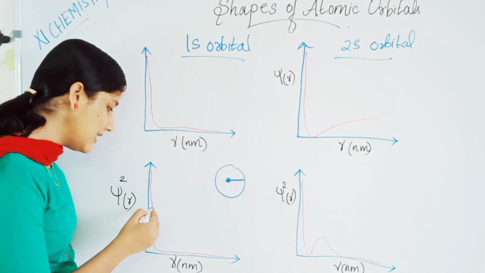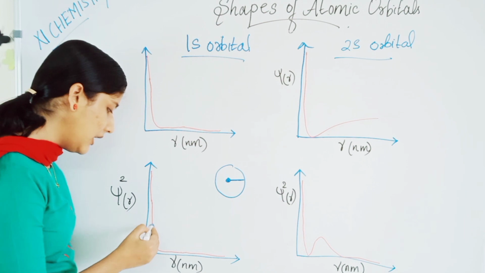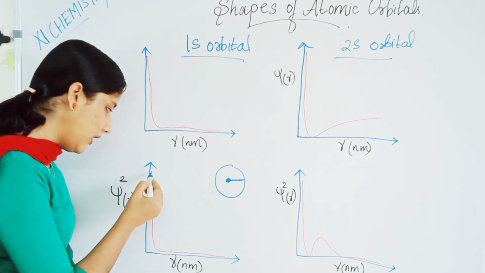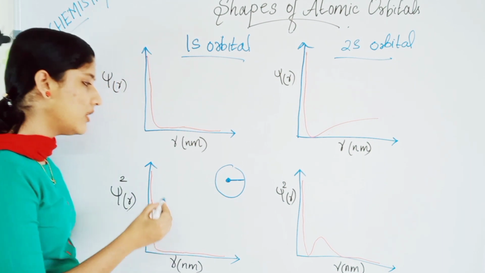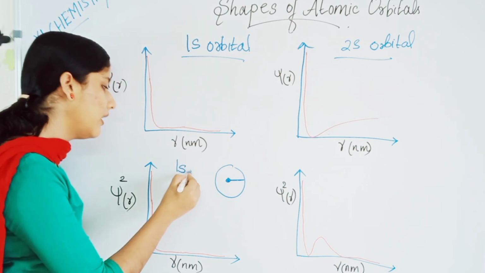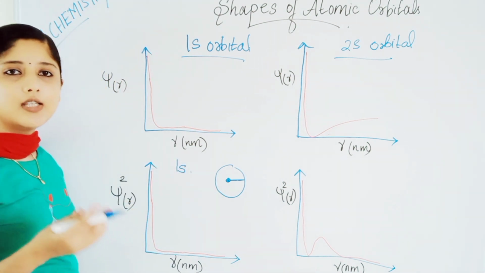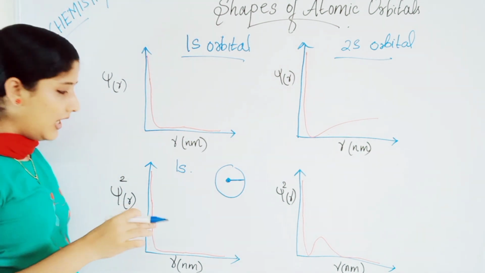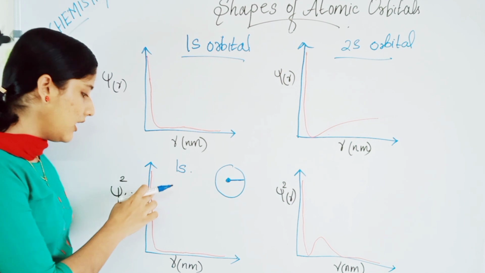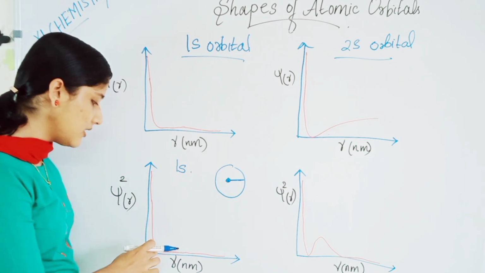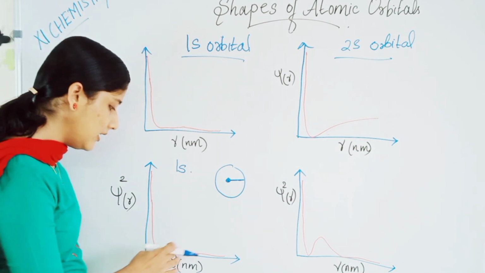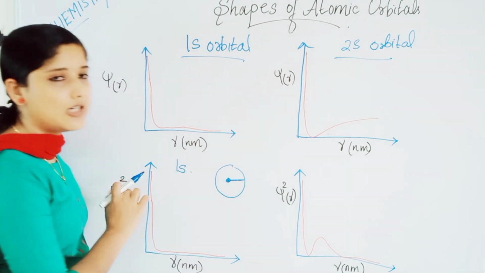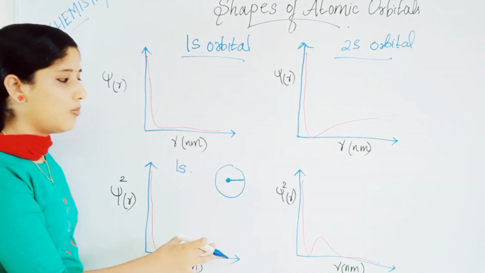As the radius increases, it goes on decreasing and reaches 0, isn't it? From here we understood that for the 1s orbital, the probability density is high near the nucleus, and it goes on decreasing and reaches 0 as the radius increases. This is for the 1s orbital.